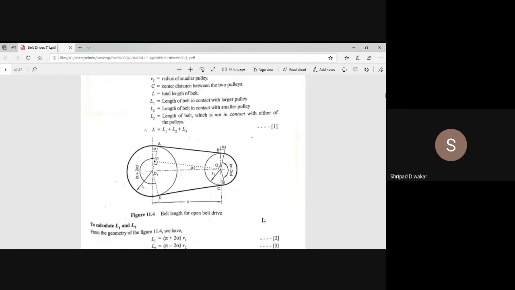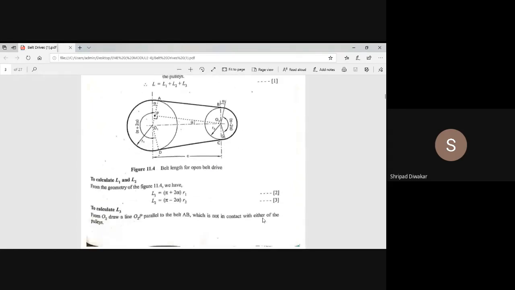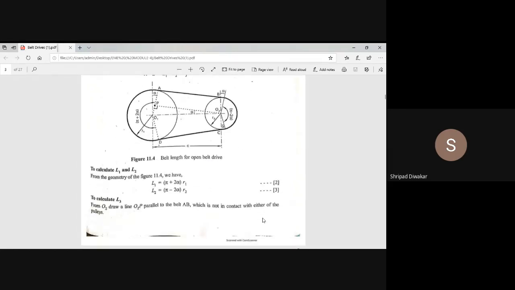Then how do we find L1? Remember, the total here is pi, and then plus alpha plus alpha. So pi plus 2 alpha, as you can see in the diagram from here to here, is for the driver side, and pi minus alpha minus alpha, that is pi minus 2 alpha, is for the driven side.